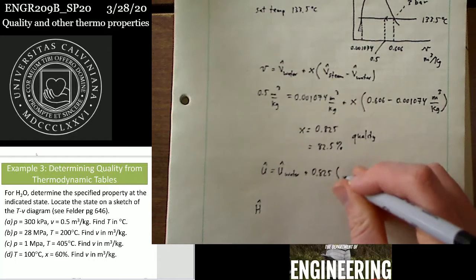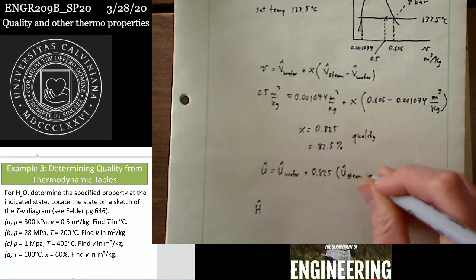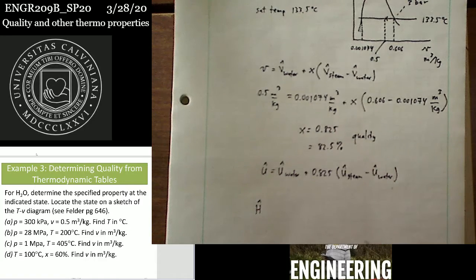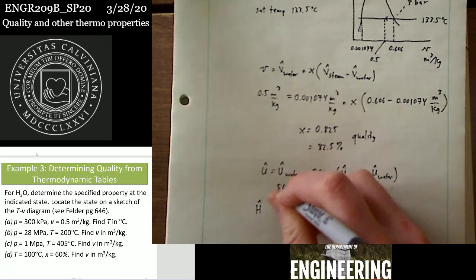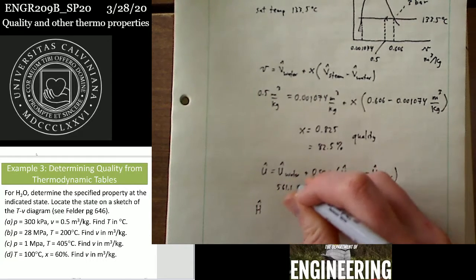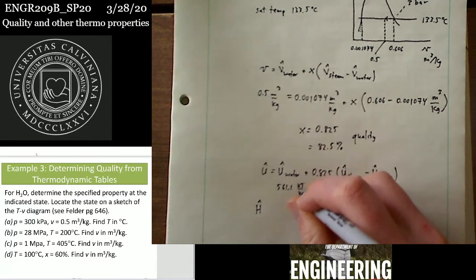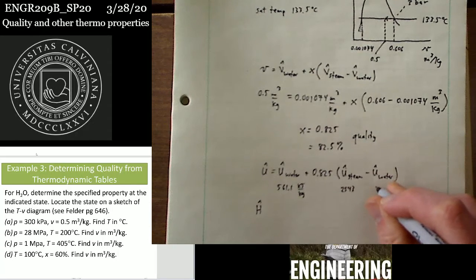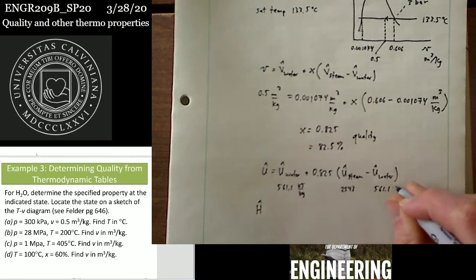And so we just have to put in these values, which are also found in the table, along with specific volume. So if we do that, this is 561.1 kilojoules per kilogram. And this is 2543. And again, 561.1 kilojoules per kilogram.